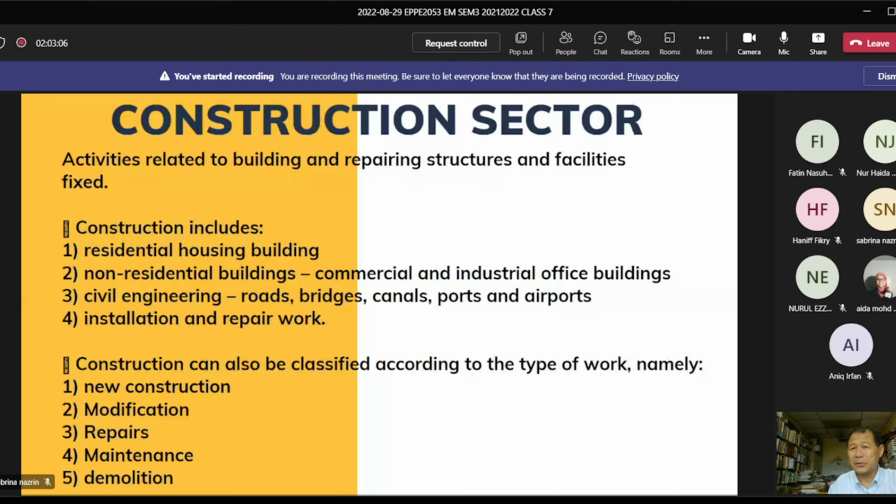So never underestimate the importance of the construction sector. However, its percentage share cannot be very high, even though it's important. So that's what I say, 7% only. But that 7% is important.